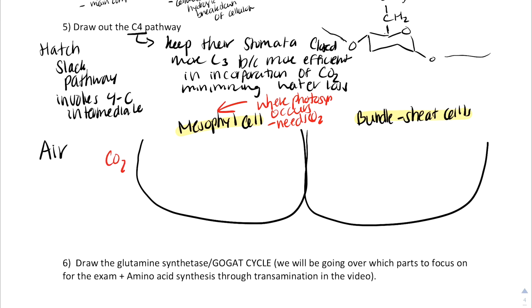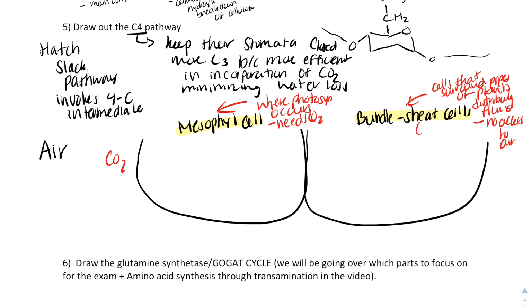Versus the bundle sheath cells, they're cells that surround pipes of plants that distribute fluid. These cells cannot have access to the air.